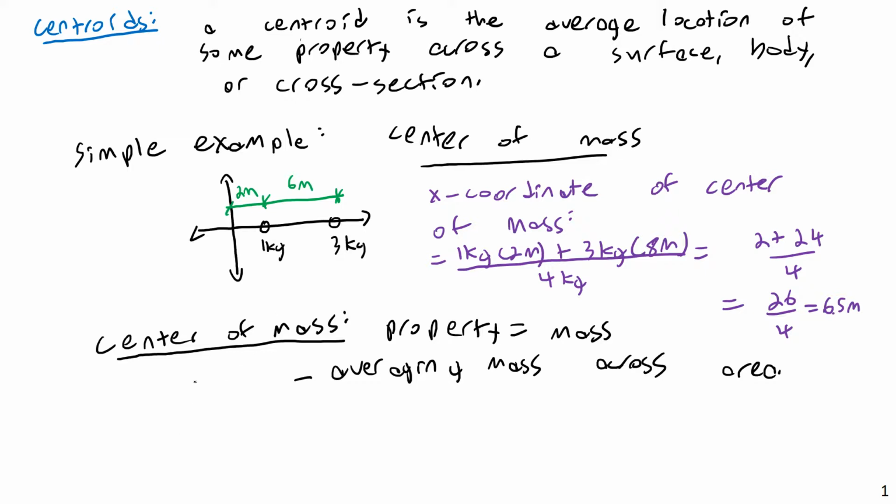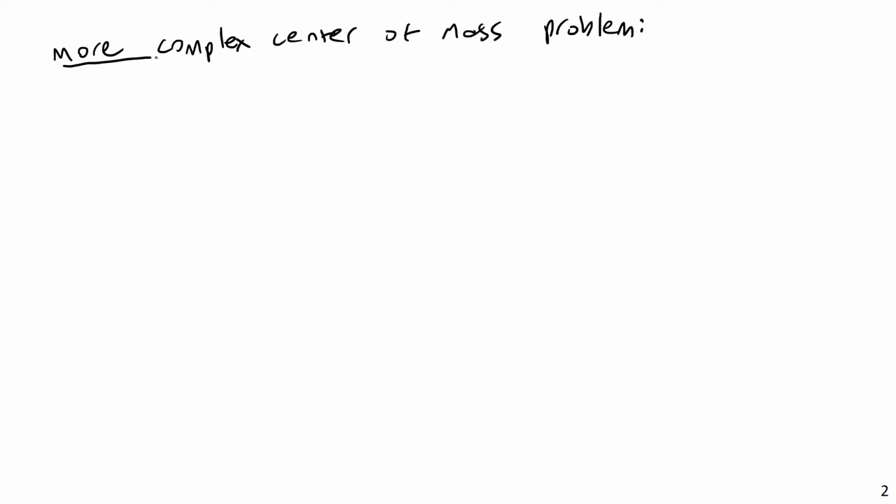For example, you could have a three-dimensional body, a more complex center of mass problem. So that was a simple point particle problem, but you could definitely have more complex ones. A Calc 3 type problem would be something like this.